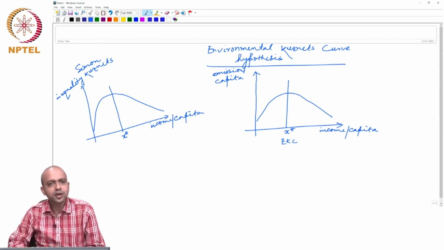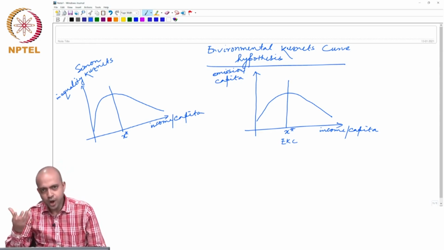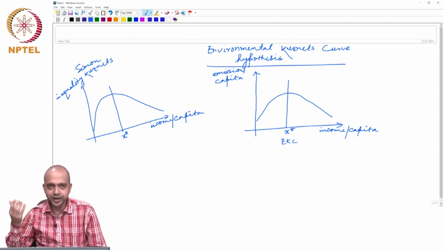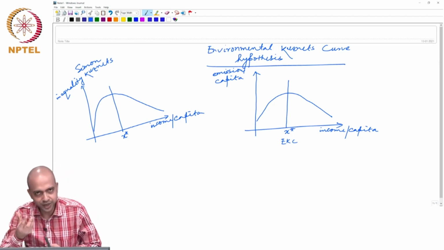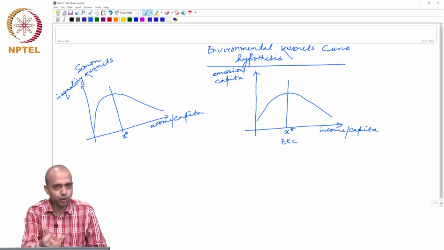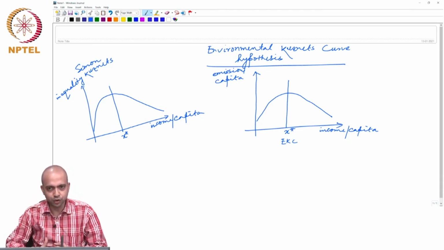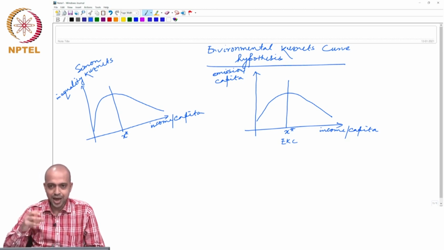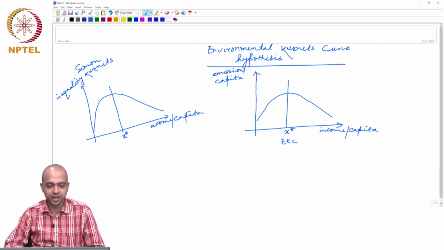Why does it happen? Because, as you know, wealth has a natural tendency to be accumulated in the hands of a few. So, when the economy has just started growing, the fruits of that growth will be enjoyed only by very few people, as a result of which you will get a huge amount of inequality in the economy.